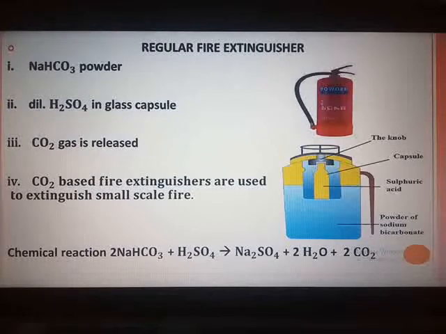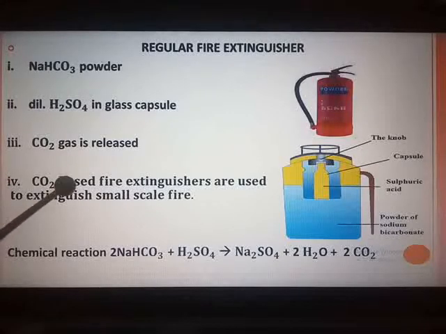And you all know that carbon dioxide is used to extinguish fire, to put out the flames, and hence it is a part of fire extinguisher. Now these carbon dioxide based fire extinguishers do not cause any corrosion and are non-conductors of electricity, and hence they are used when electrical and electronic equipments catch fire.